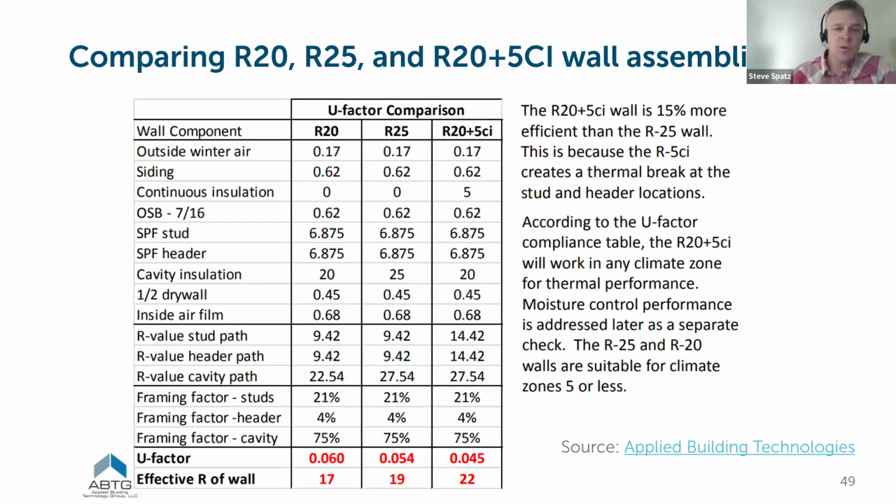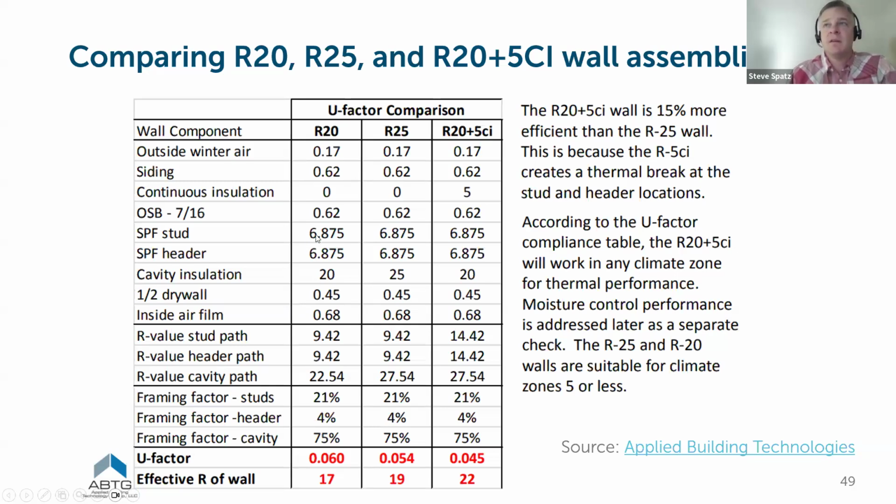So this is what we're looking at when defining how to come up with the U-factor for an assembly: rather than just seeing R-values for cavity, we're now looking at cavity plus continuous. Each of these layers is considered in that calculation of the U-factor.